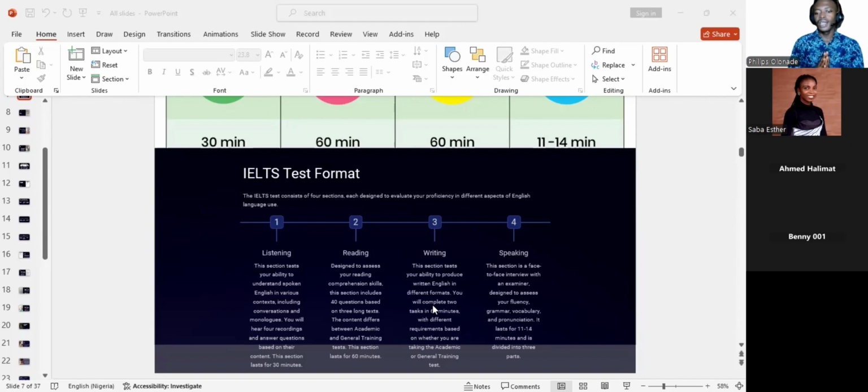This section, if you know the key strategies, I promise it is easy marks. It is, in fact, your band 8.0 upwards is sure for the writing section if you can just apply the tips I'll give to you.